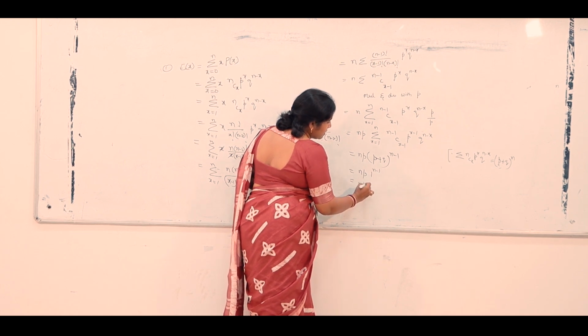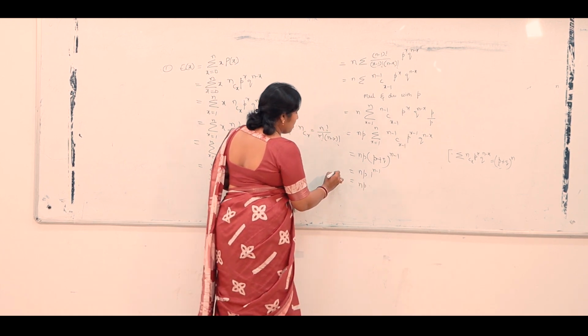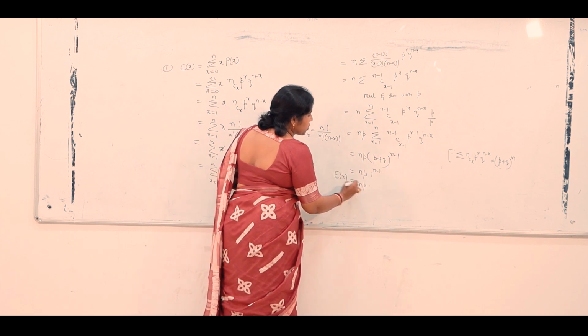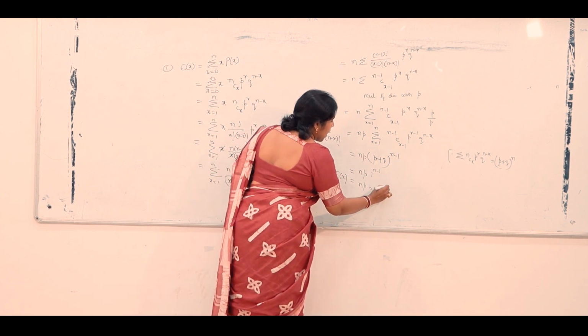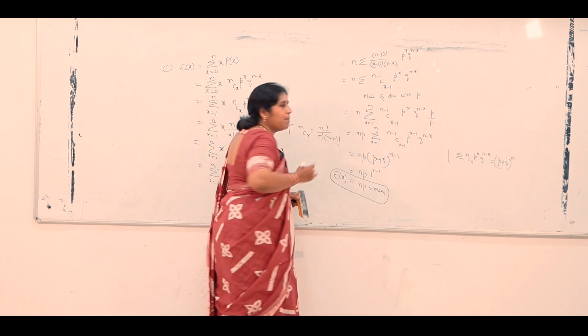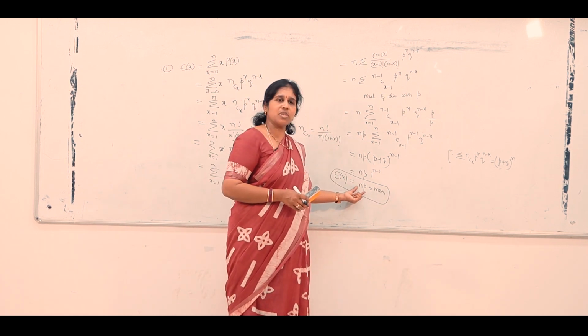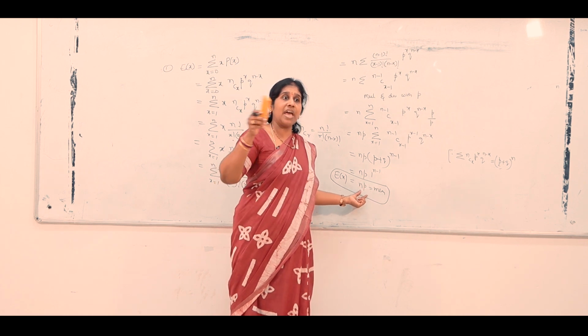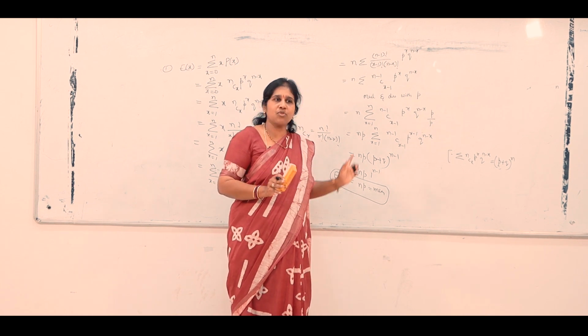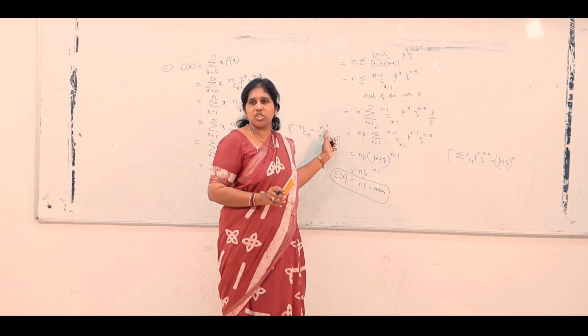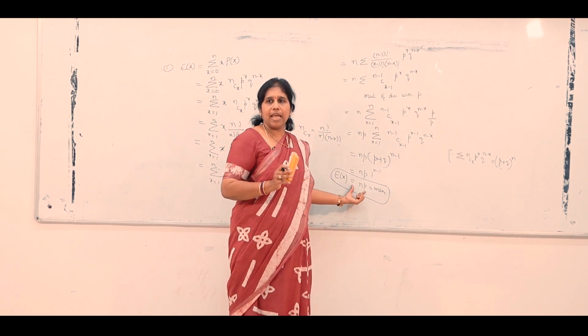Anything to the power 1 is 1. So the mean of binomial distribution is NP. If you observe, your Bernoulli distribution mean is P and binomial distribution is NP. Bernoulli we are repeating for N times, we are getting binomial distribution. So the mean of binomial is N into P.